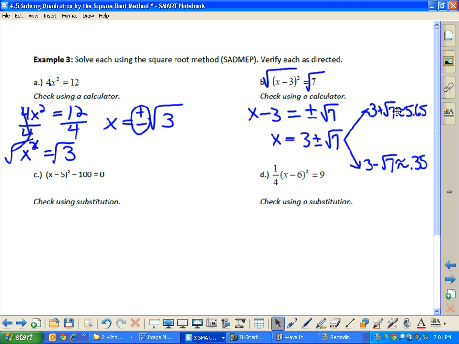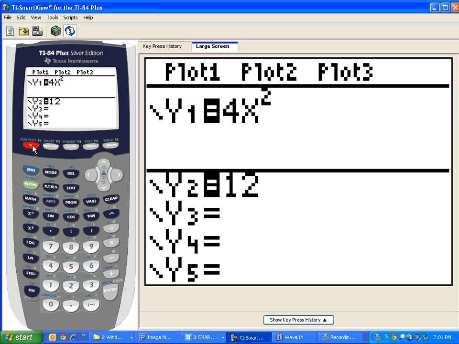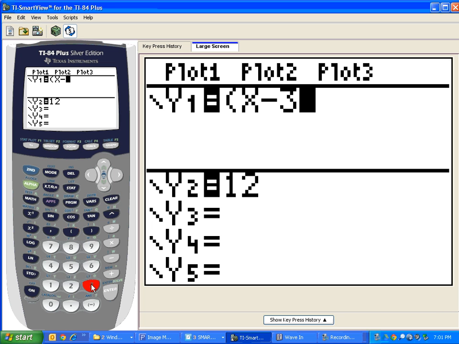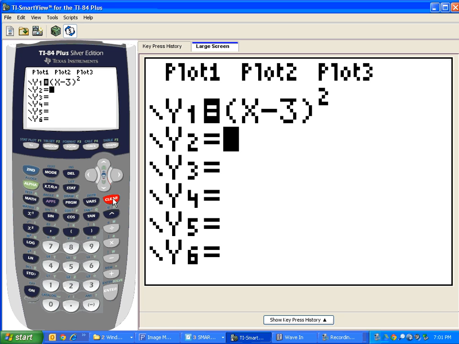So now we can go into our calculators and check to make sure that indeed these are our points of intersection. So we have x minus 3 squared and then on the right side that was equal to 7.